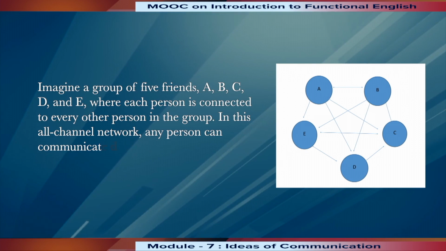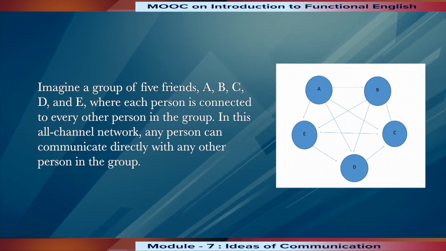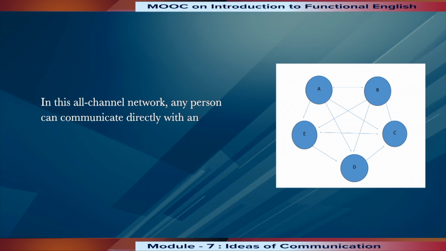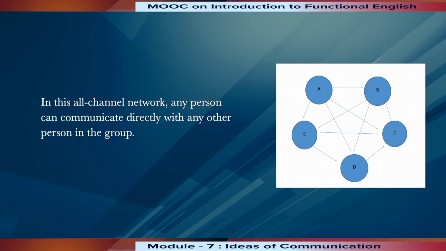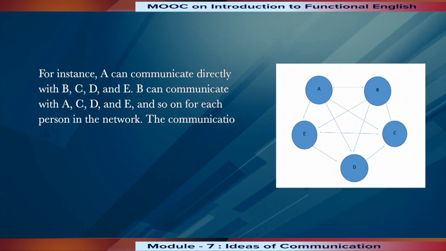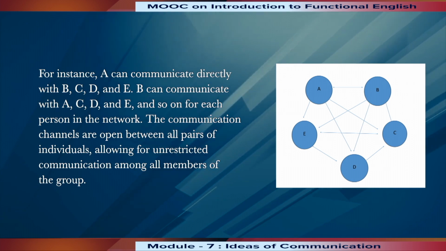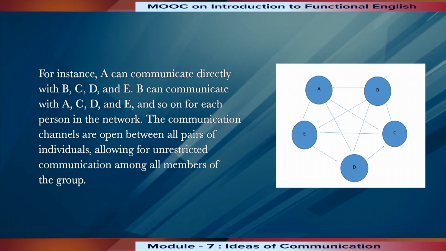Imagine a group of 5 friends, again A, B, C, D and E, where each person is connected to every other person in the group. In this all-channel network, any person can communicate directly with any other person in the group. For instance, A can communicate directly with B, C, D and E. B can communicate with A, C, D and E, and so on for each person in the network.